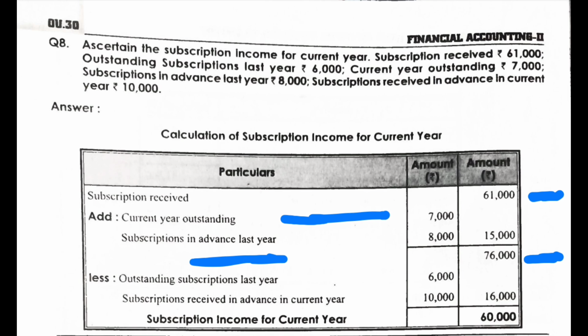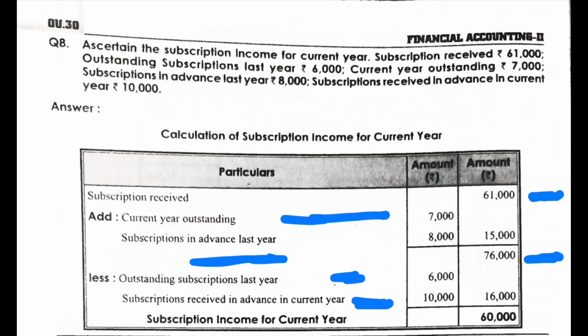Outstanding subscription is last year outstanding. Advance of last year we have to add, but last year outstanding we have to deduct. Then subscription received in advance in current year. In the current year we are taking the advance, that means we are taking it for the next year. In the same way, subscription in advance last year means we took it for the current year.